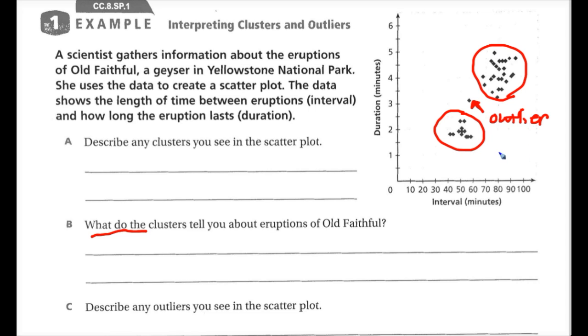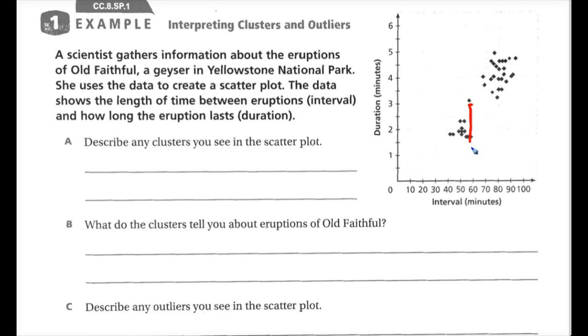When it says describe, we're asking what's happening there. So we've got a little guy here when there were 55 minutes in between. It was a 3-minute eruption. Now let's take a look at what that means for a second. If I look at 55 minutes, do you see how right down here, I have a few eruptions that are around 55 minutes and they only lasted under 2 minutes.